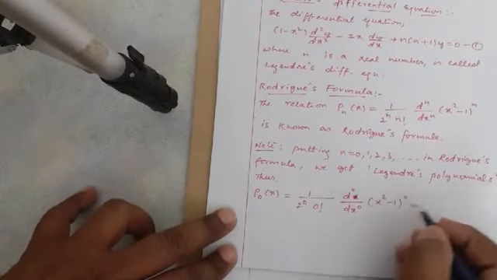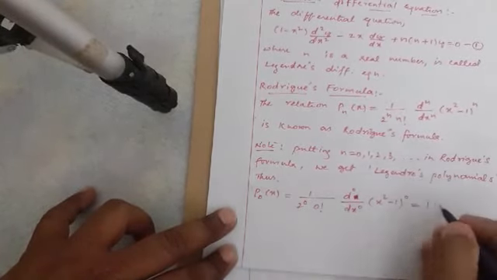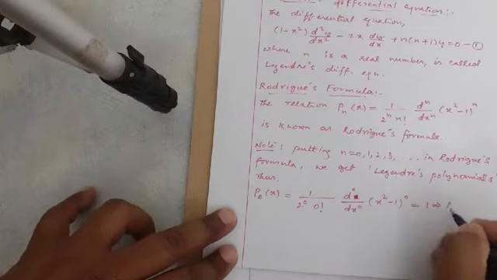So this is equal to 1. So this implies P0 of x is equal to 1.